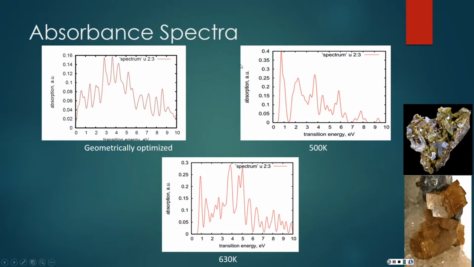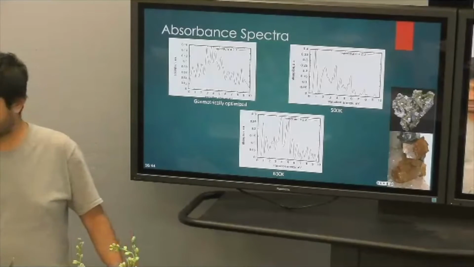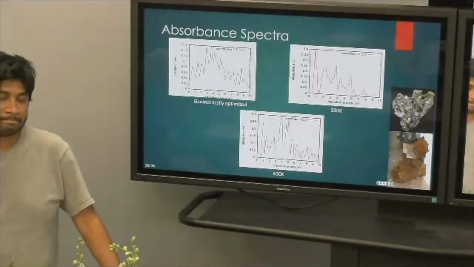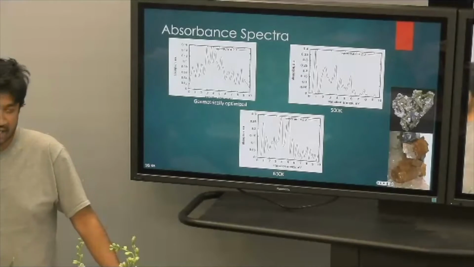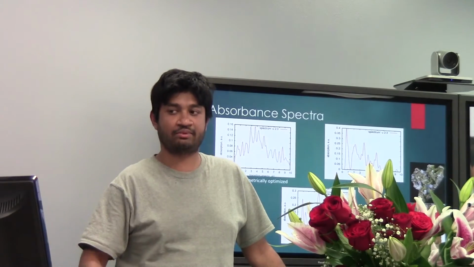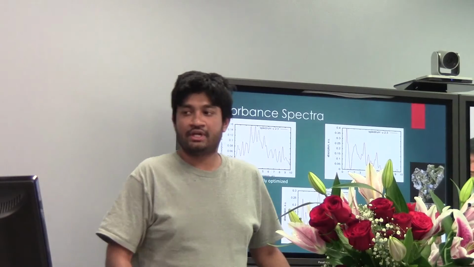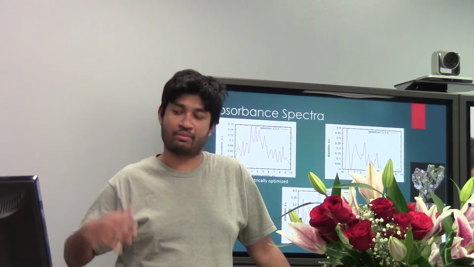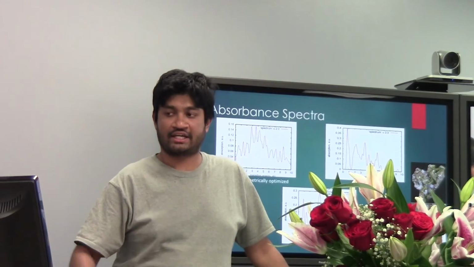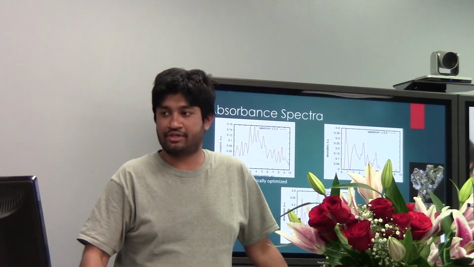And if you look at the absorbance spectra of the siderite, actually the most important thing to do here is spin polarization, and I have a plan to do it in future. But for this absorbance spectra, we can assume that here the iron is in the high spin, or it may be possible that the crystal field splitting is very far from the ideal or high symmetry.